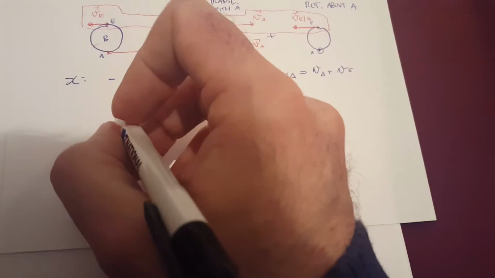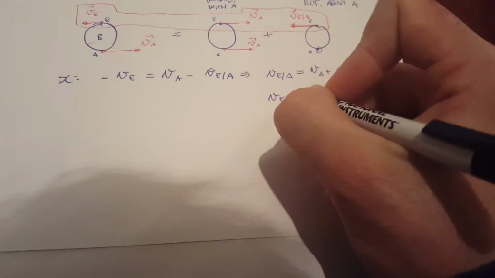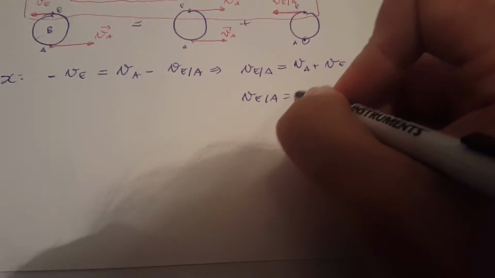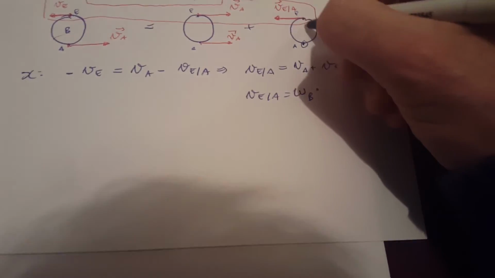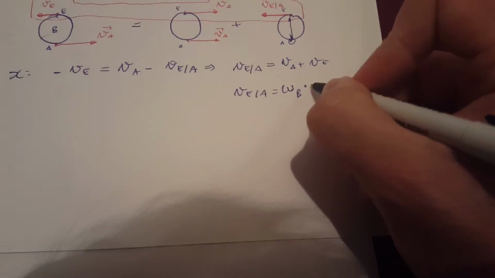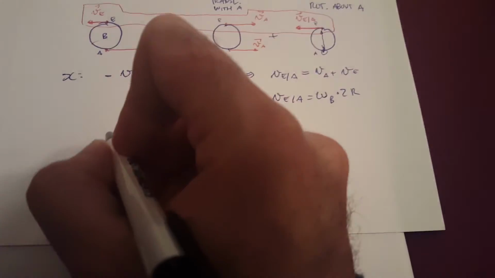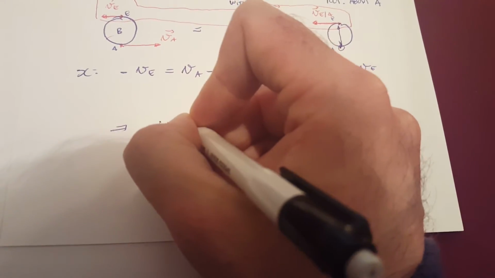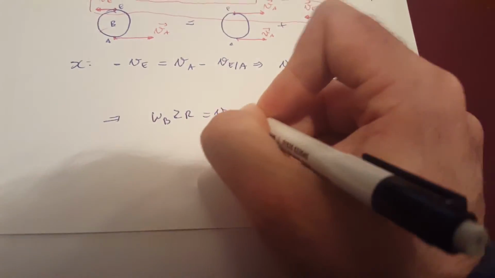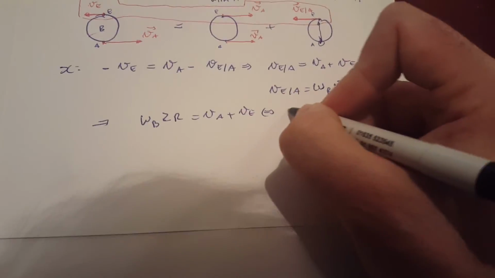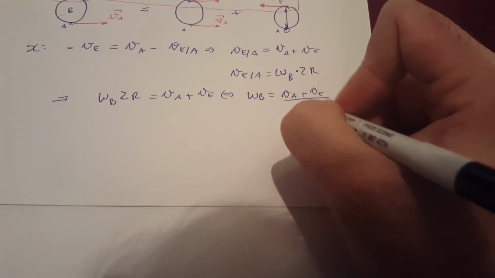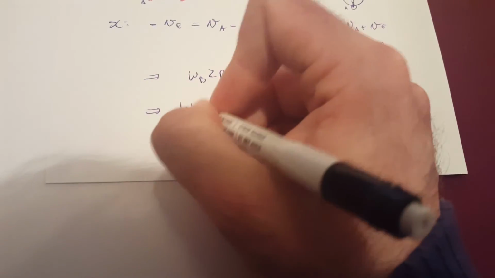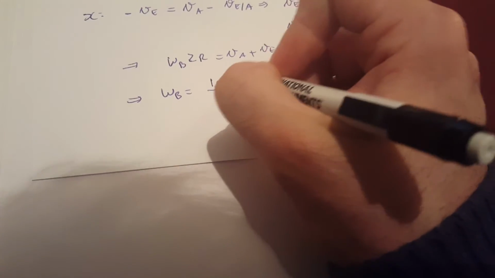At the same time, VE with respect to A equals omega B, the rotation of this gear, times 2 times the radius, so this distance over here, 2R. So omega B times 2R equals VA plus VE, which yields omega B equals VA plus VE over 2R.